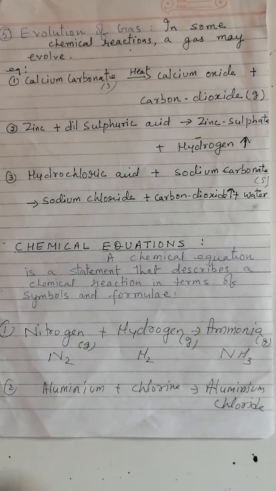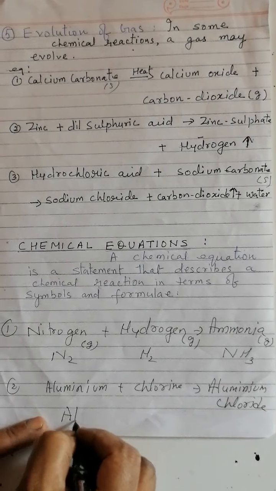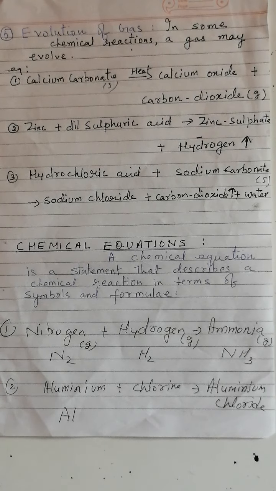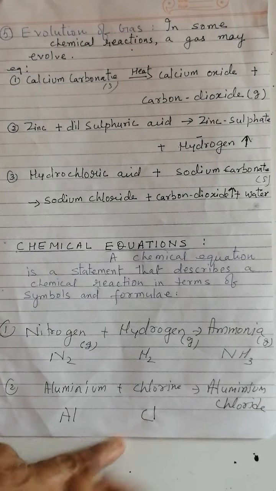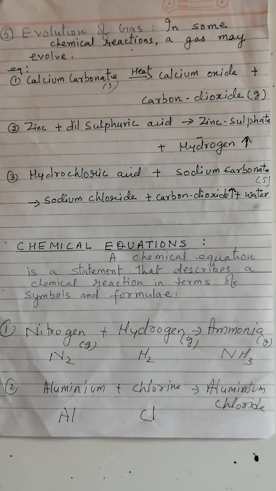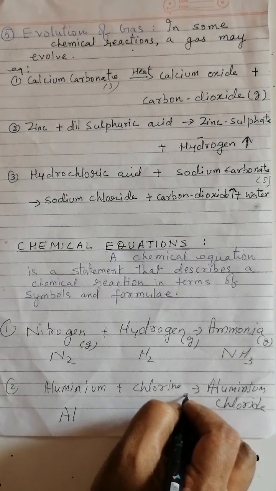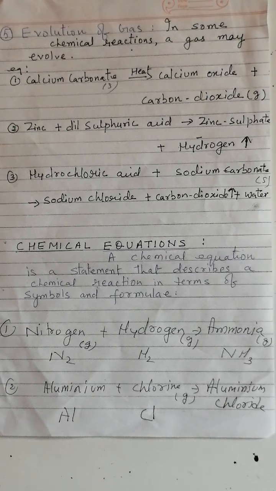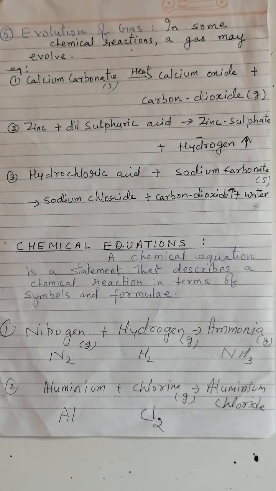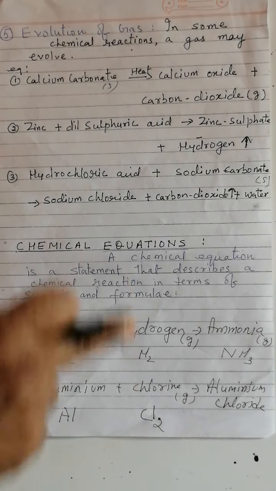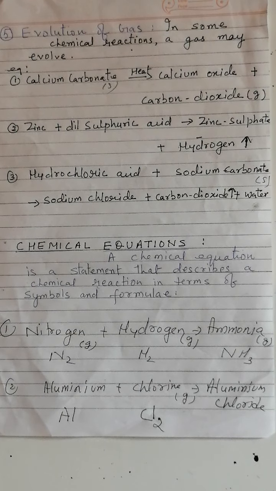What symbol or formula can you write for aluminium? That is Al. Al is the molecular formula and symbol of aluminium both, because aluminium is a monoatomic element. Whereas for chlorine, if you write Cl, it will be wrong, because chlorine is a gaseous element, and in the gaseous state the molecular formula is Cl2, because in the gaseous state the elements are diatomic in nature.